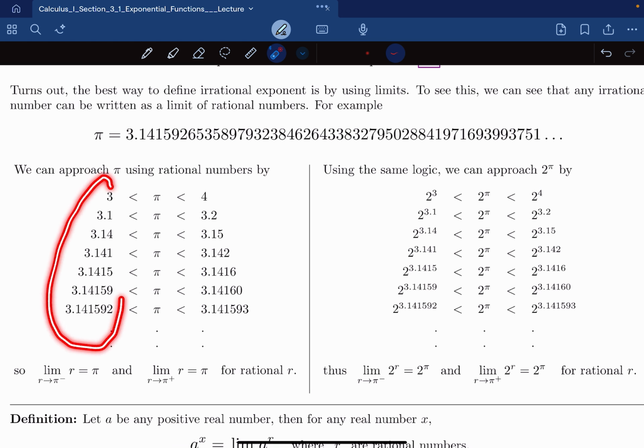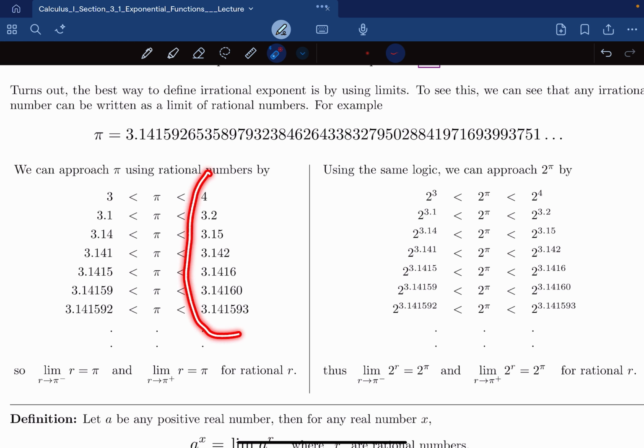All of these numbers are less than pi, while all the numbers here are approaching pi from the right. So what we really have is a way to express pi as almost a squeeze theorem effect, where we take two sides of the limit and squeeze them from the left and the right, and we can define pi essentially as a squeezed limit.